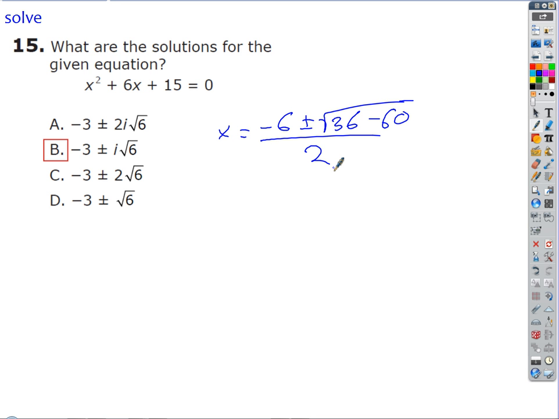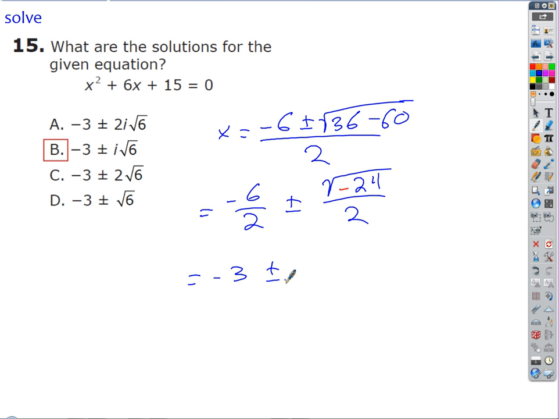So all we've got to do then with the quadratic formula is just simplify that. First thing, let's split it into separate fractions. So we get negative 6 over 2 plus or minus the square root of negative 24 over 2. Negative 6 over 2 becomes negative 3. And then you get plus or minus.